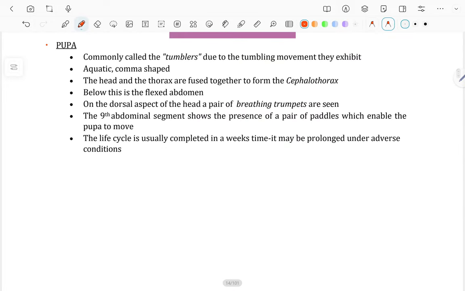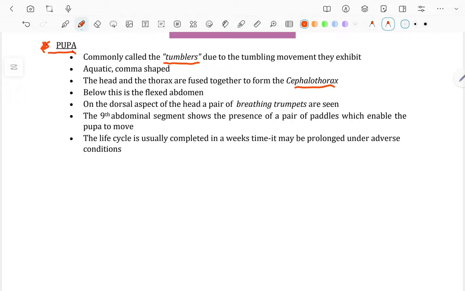Pupa. Commonly called tumblers. Due to the tumbling movement, they exhibit an aquatic comma shape. The head and the thorax are fused together to form the cephalothorax. Below this is the flexed abdomen.